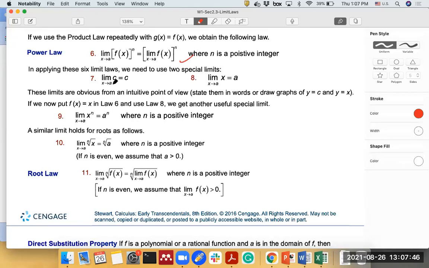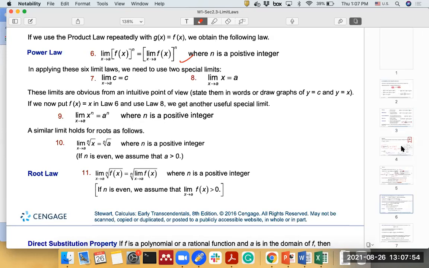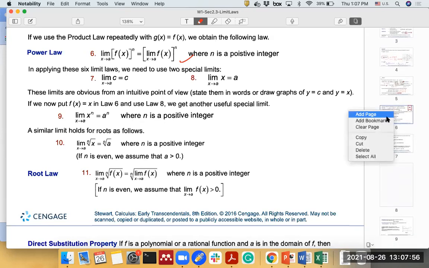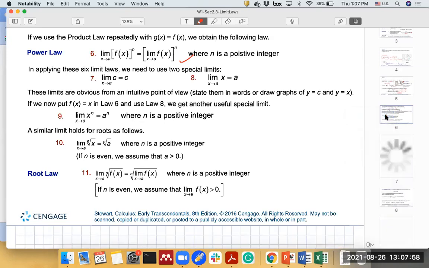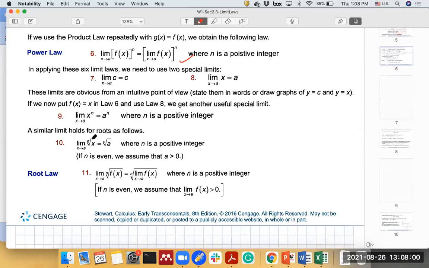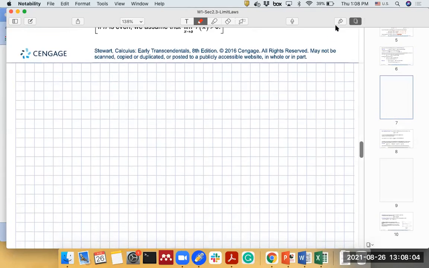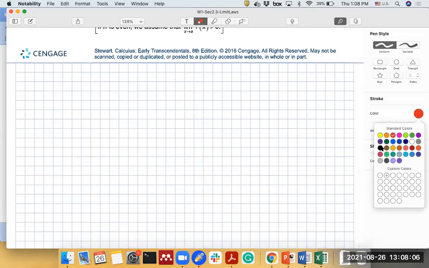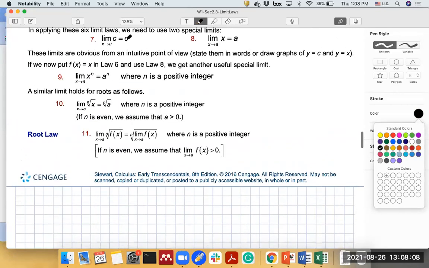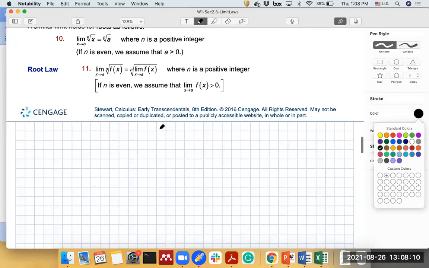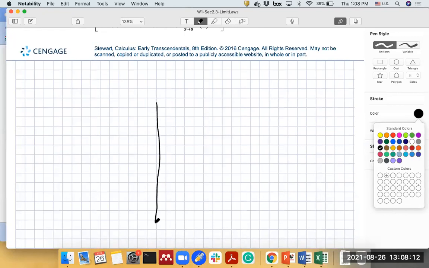And again, the limit of c, a constant, is equal to that constant. Why? Can you show it on the graph? Okay, we're trying to do this, right?